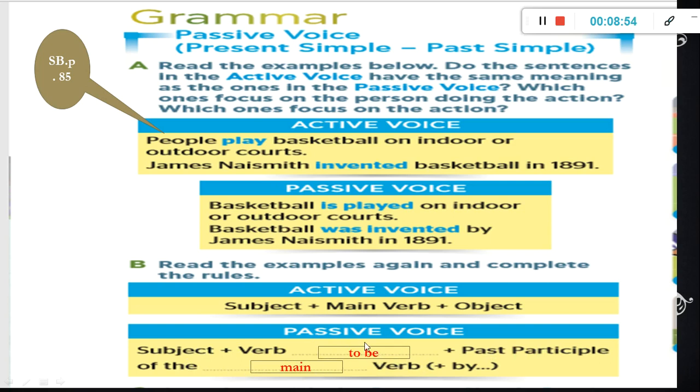Verb to be in the present will be am, is or are. In the past, was or were. Like this sentence: Basketball is played on indoor or outdoor courts. Basketball was invented in the past by James Naismith in 1891.